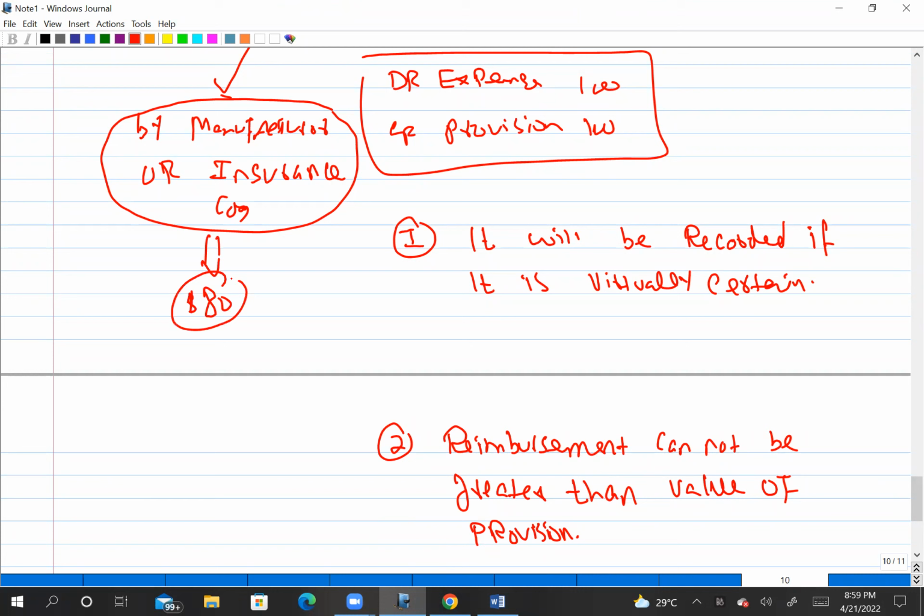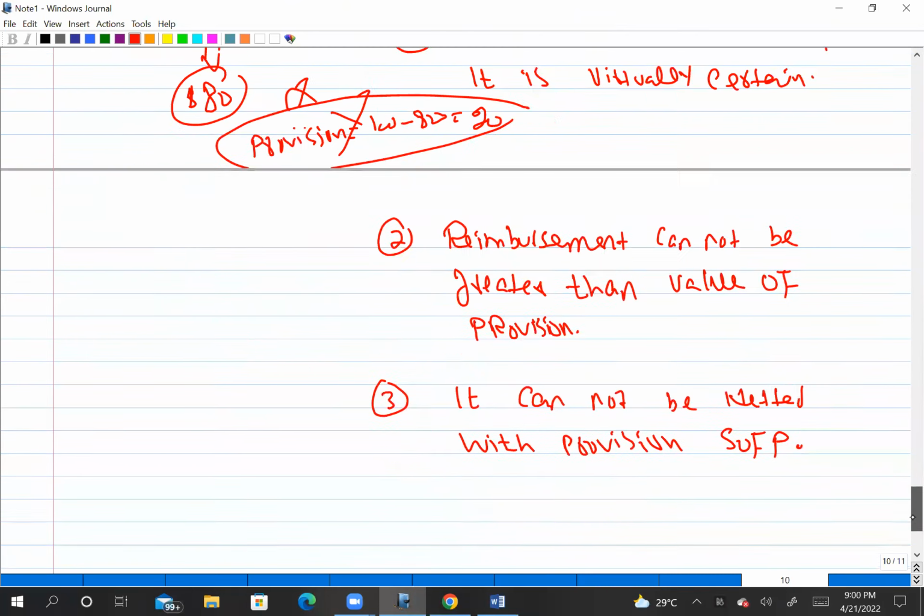We have recorded a provision of 100, so we cannot record the provision as 100 minus 80. This is not allowed. The reimbursement should be presented separately as an asset in the statement of financial position.